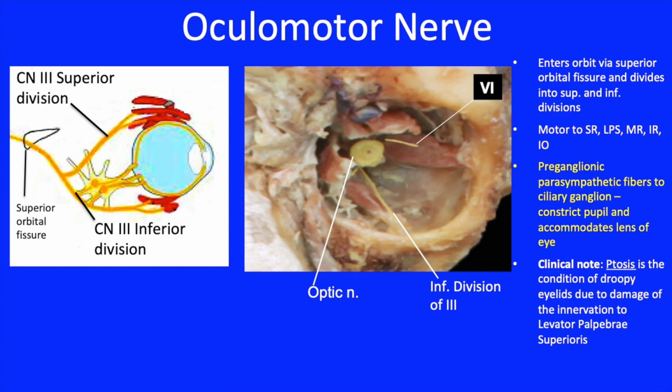It will provide preganglionic parasympathetic fibers to the ciliary ganglion and will be responsible for constricting the pupil and accommodating the lens of the eye. If damaged, it could simply cause ptosis or droopy eyelids because the nerve innervates the levator palpebrae superioris.